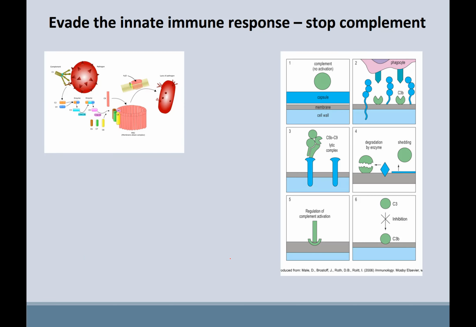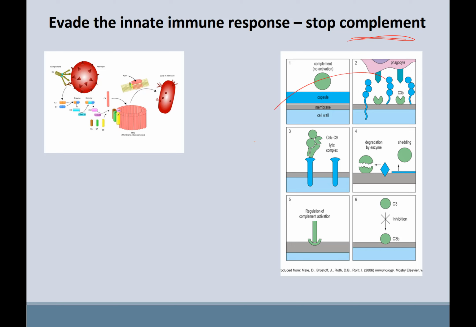Another part of the innate immune system that we talked about is complement. So different organisms have different ways to interfere with complement. So remember, a couple ways that complement works is to tag the microbe, to poke holes in it, to tag it for opsonization, which means phagocytosis.